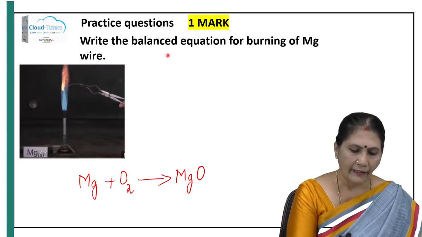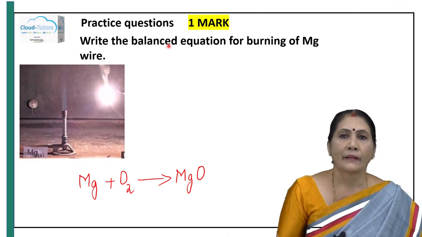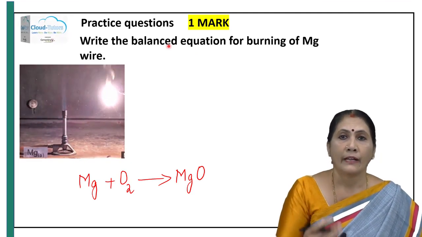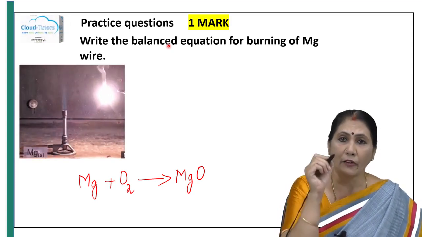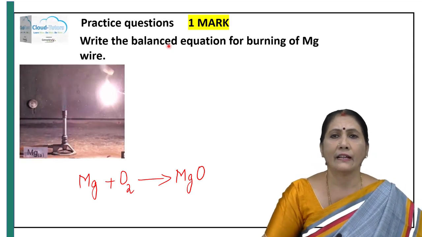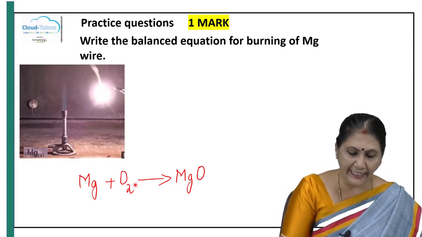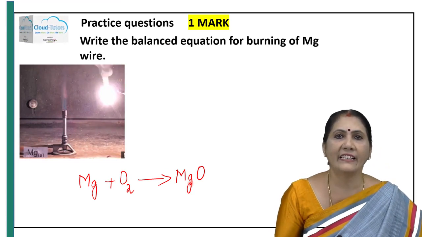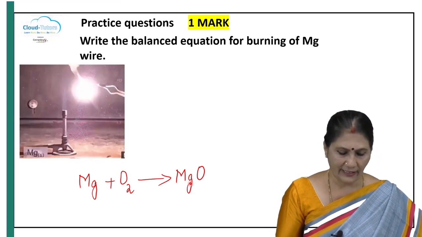This particular balanced equation, you come across especially during the fireworks time. Magnesium is very much utilized in all your fireworks. So this balanced equation's significance I want to highlight here. It is widely used in fireworks.